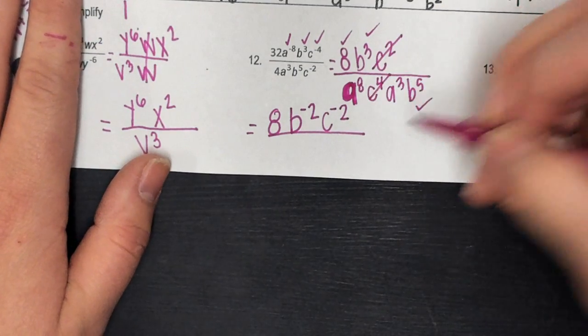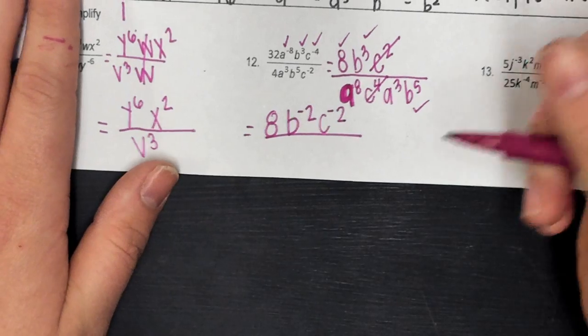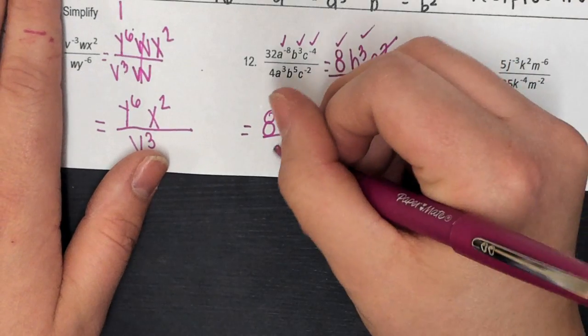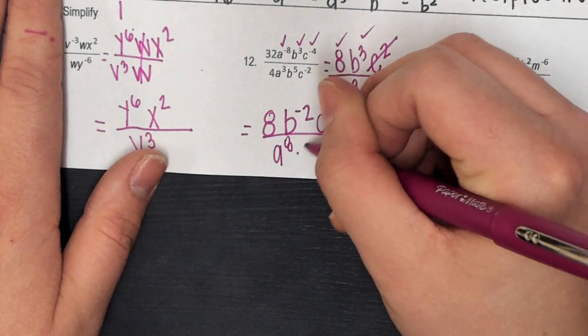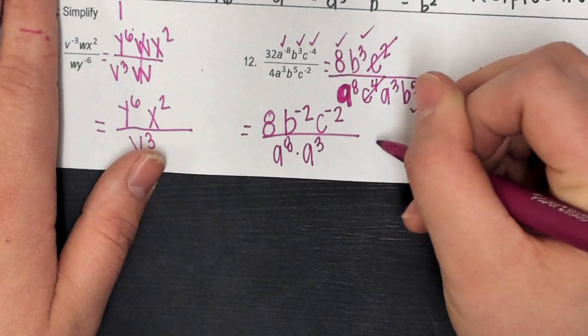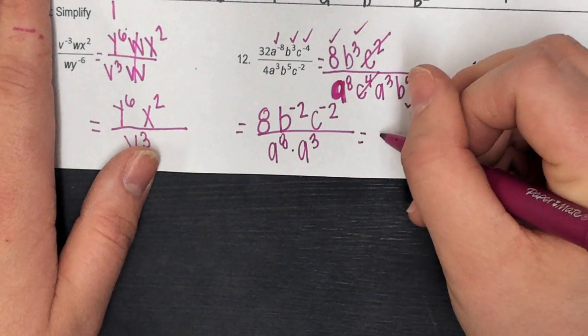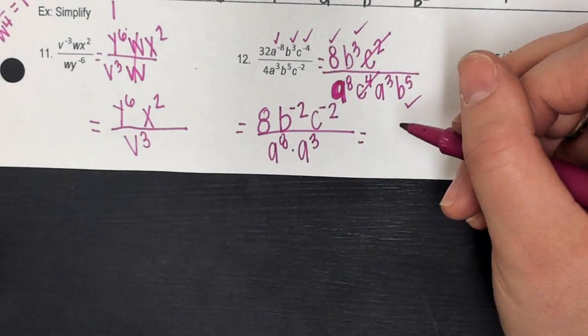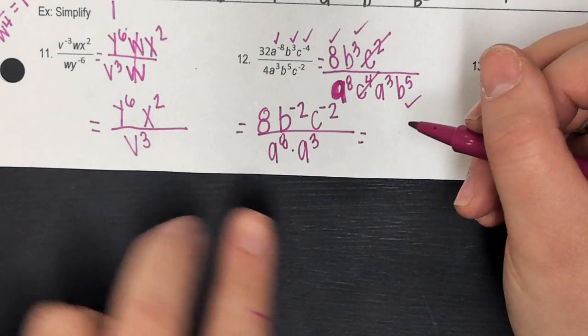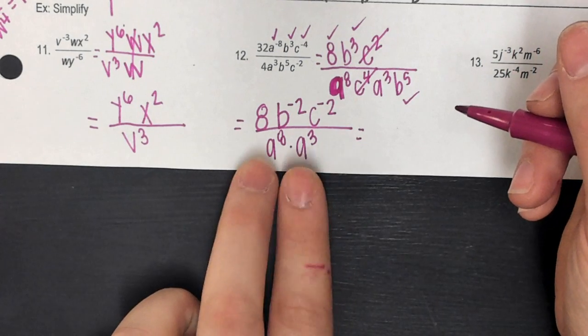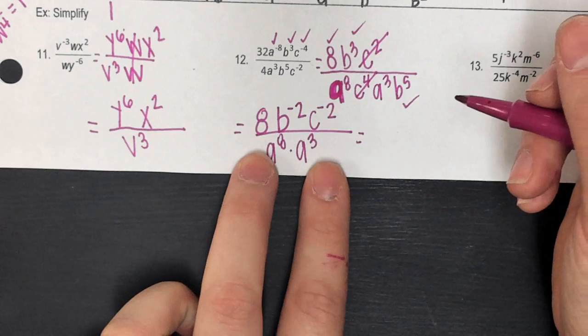Now, what's left on bottom? A to the 8th times a to the 3rd, what does that become? A to the 11th. I'm not dividing it. They're beside each other and they're being multiplied. So what do I do to the exponents? Add.